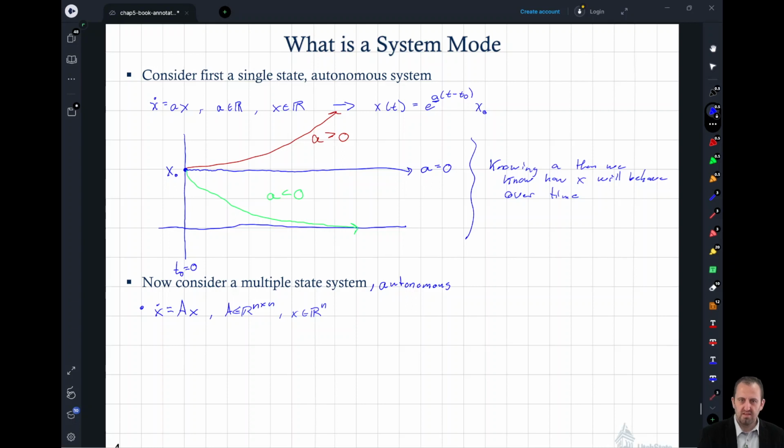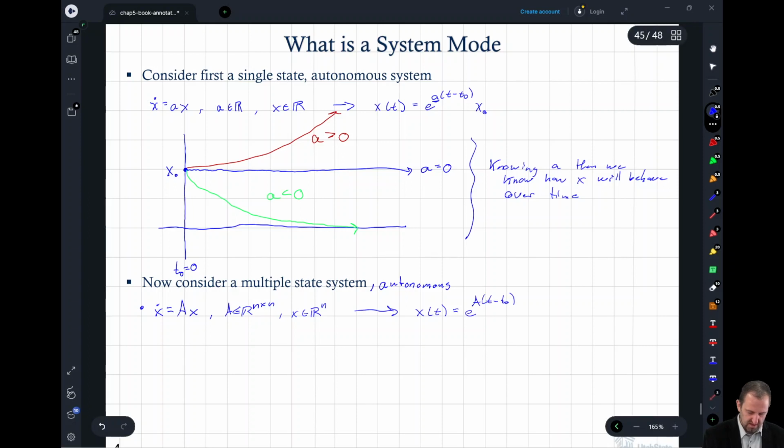There's something very similar to the scalar exponential that we can use. It's a little more complicated, but looks almost the same: x of t is equal to e to the A (t minus t naught) times x naught. At face value, these look very similar.